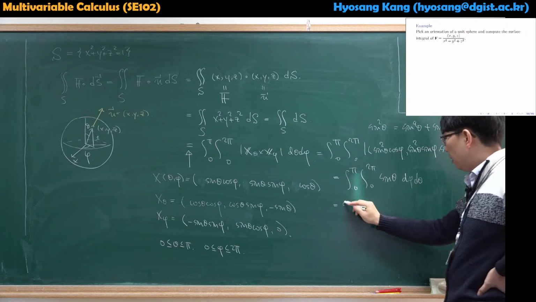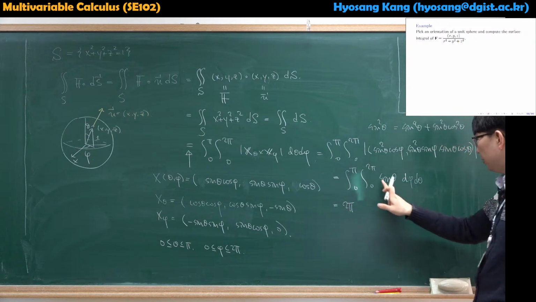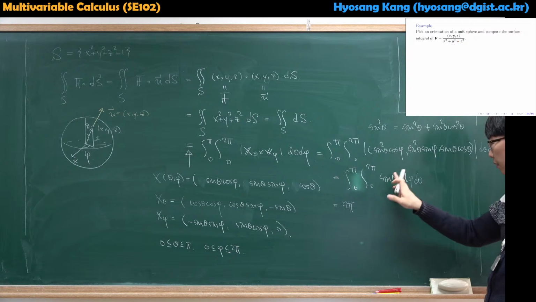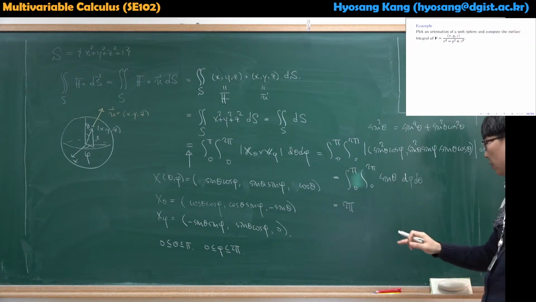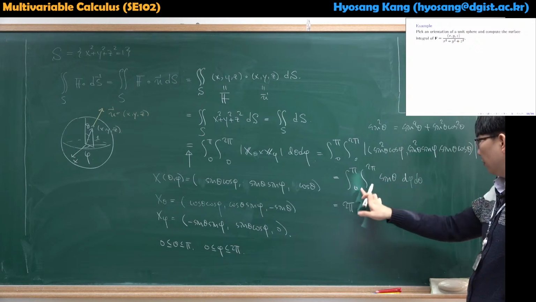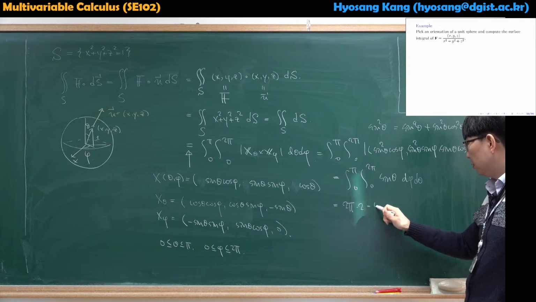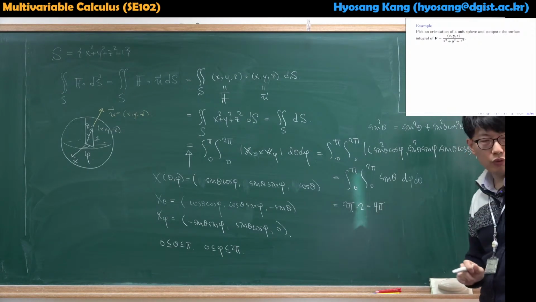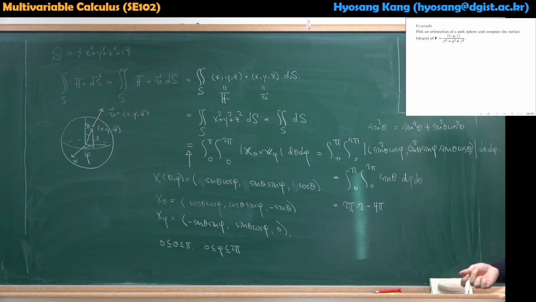Phi goes to 2 pi, and the integrand is constant in phi, so I just integrate 1. Then the integral of sine theta from 0 to pi is 2, so it's 4 pi, which is the area of the sphere of radius 1, right?